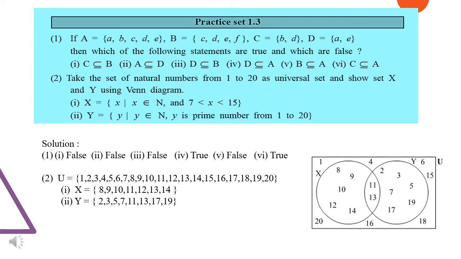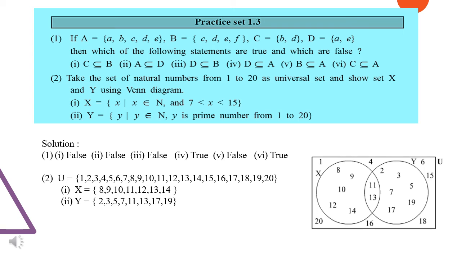Next, A is a subset of D. Are the elements of A present in D? No, so it's false. Third one, D is a subset of B. Check if the elements of D are present in B. No, so it is false.